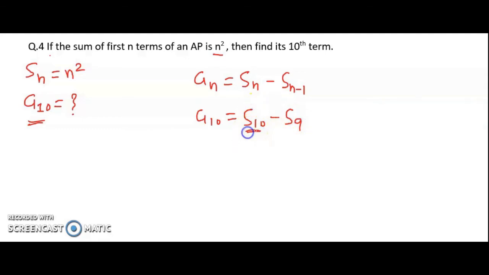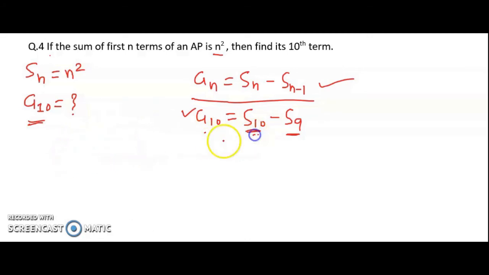From the sum of first 10 terms, if you subtract the sum of first 9 terms, then you will get the 10th term of an AP. So this is what the meaning of this formula is. Very short question, but if this question is asked in your exam, then you may get confused. So here the formula is A10 equal to S10 minus S9.